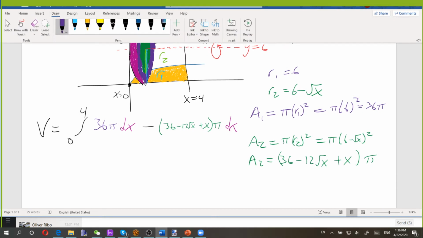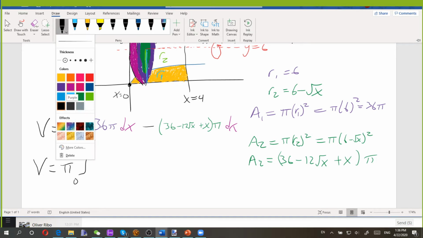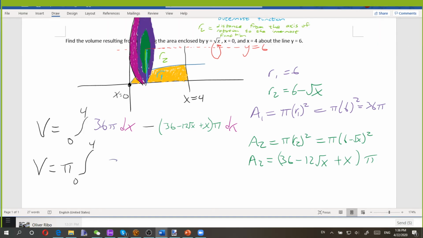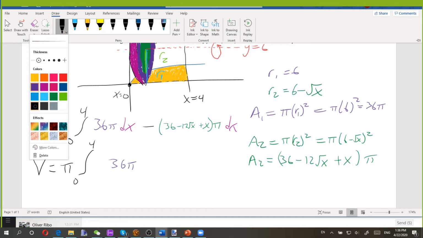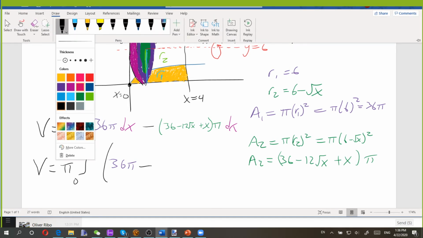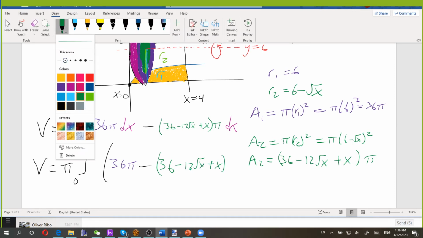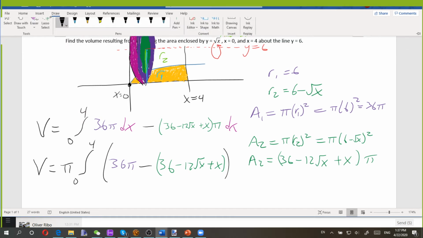Our total volume is pi times the integral from 0 to 4 of 36 pi minus 36 minus 12 root x plus x times dx.